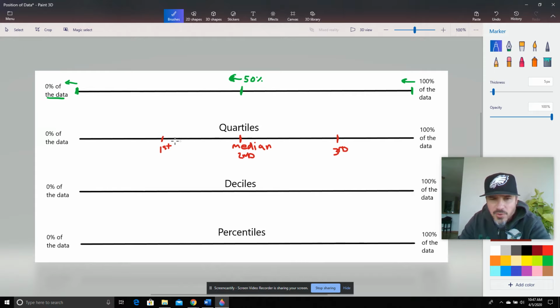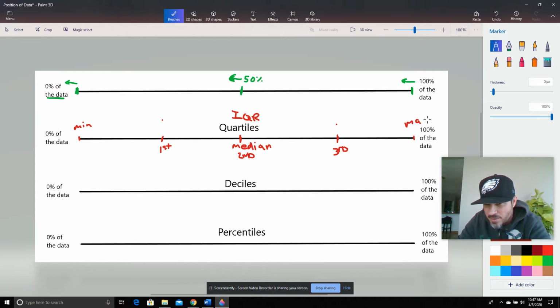So this spot between the first and the third, we called this the IQR, remember? The interquartile range, from here to here. And remember, the range is from 0 to 100. Well, 0 is our minimum in our box and whisker plot, and 100%, that's our maximum.